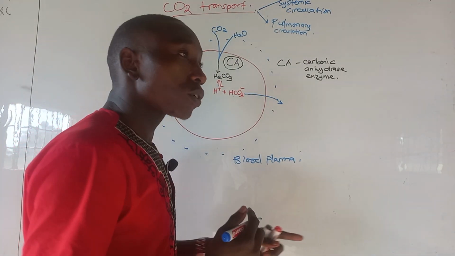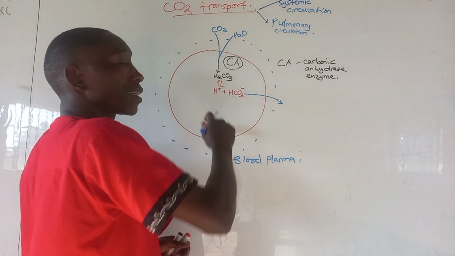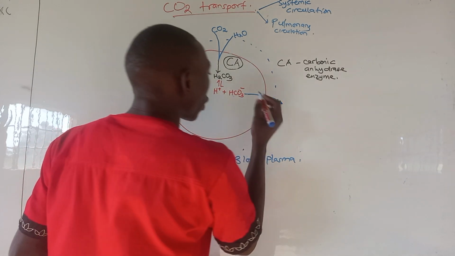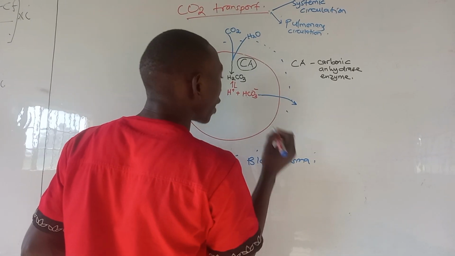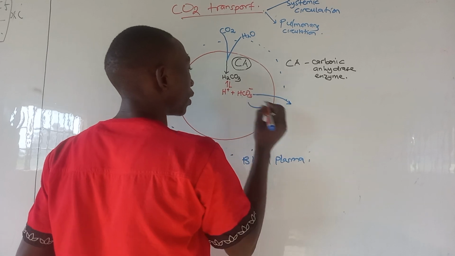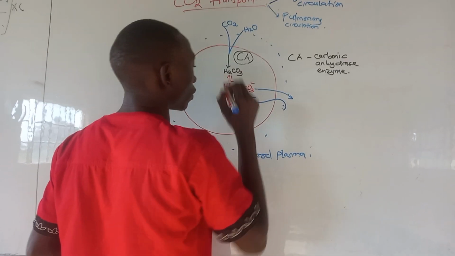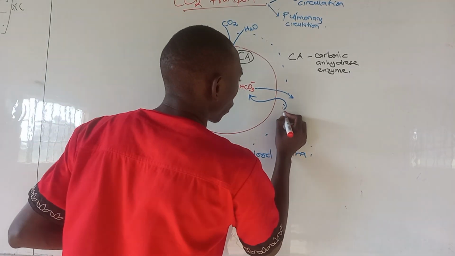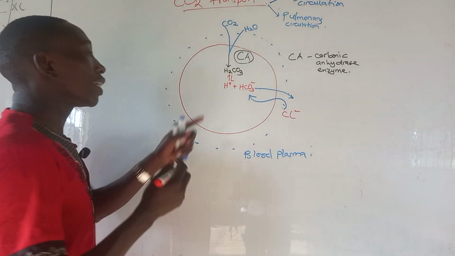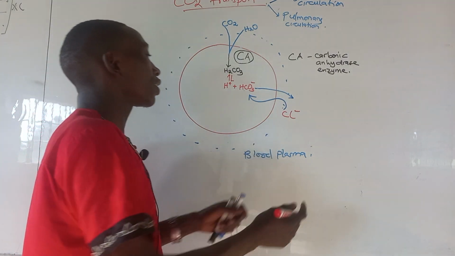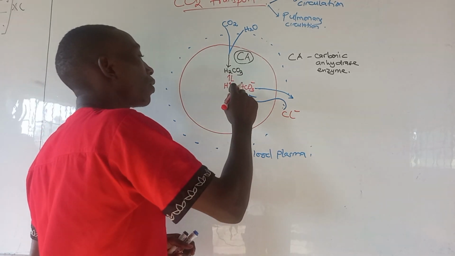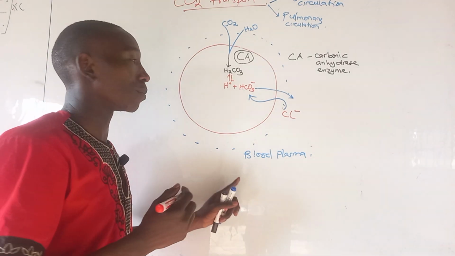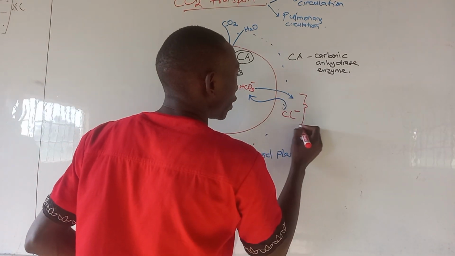As they diffuse, they will be exchanging with chloride ions. Chloride ions will move from the blood plasma back into the red blood cell. This exchange, whereby chloride ions are entering the red blood cell, and the hydrogen carbonate ions, or the bicarbonate ions, are moving out of the cell into the blood plasma, we call the chloride shift.